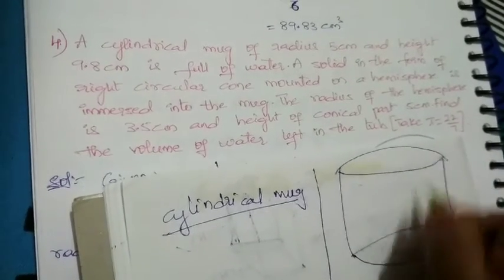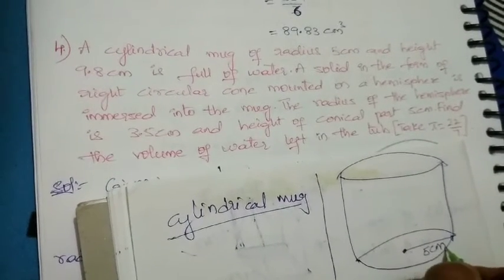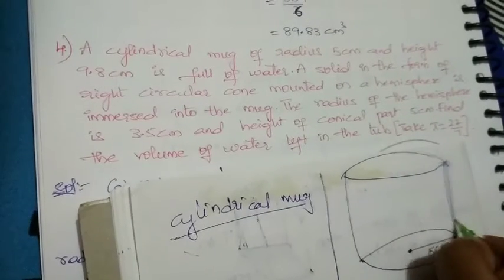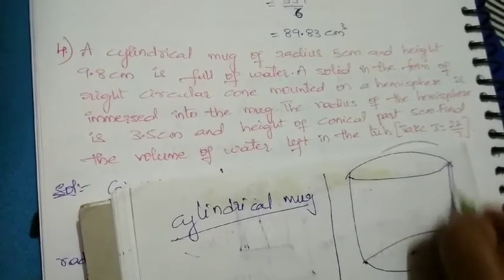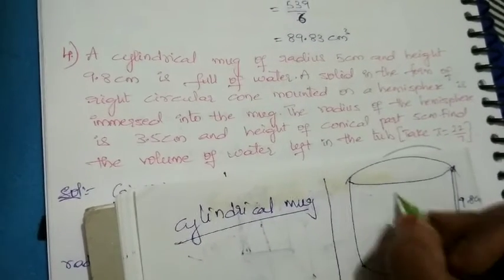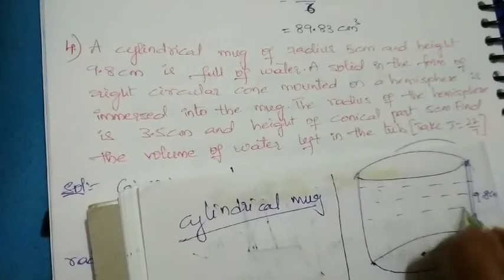Its radius is 5 centimeters, so from here to here it is 5 centimeters, and its height is 9.8 centimeters. It is full of water. We can fill this cylindrical mug with water.